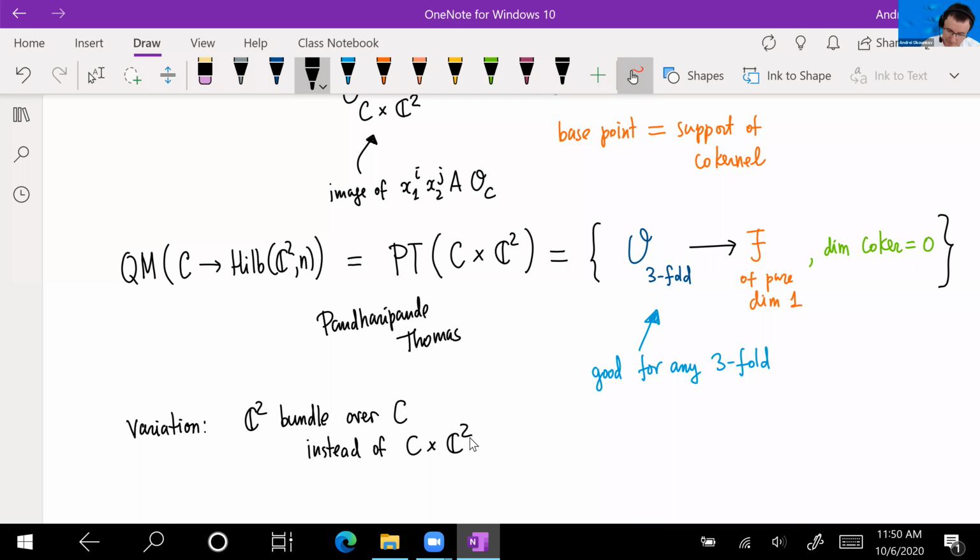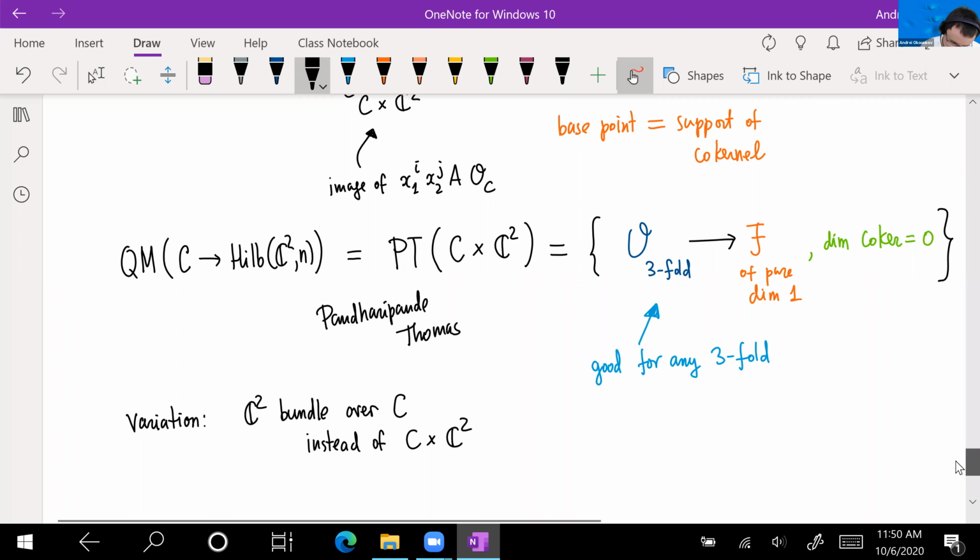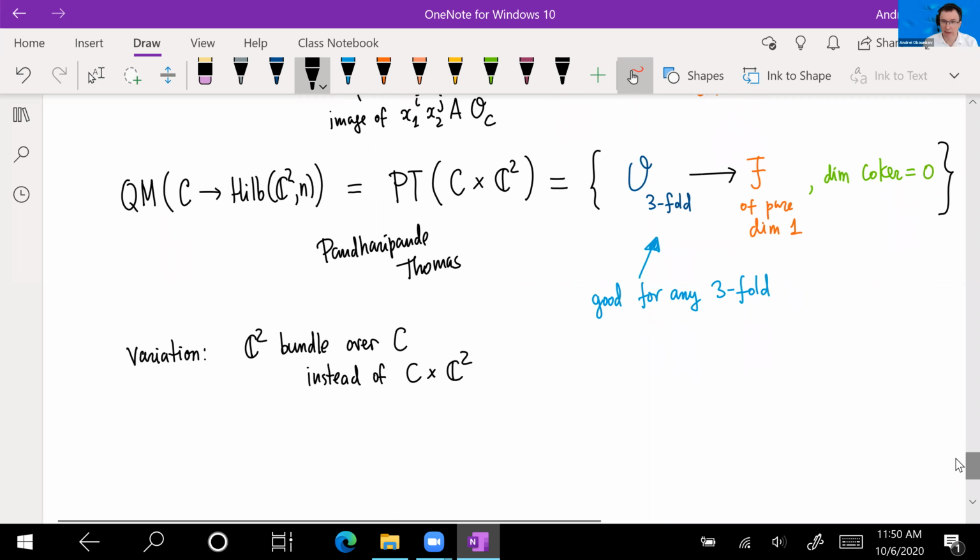That has the property that you can twist.